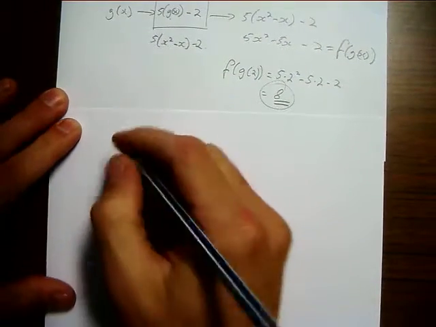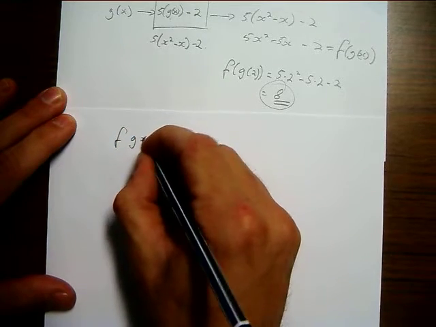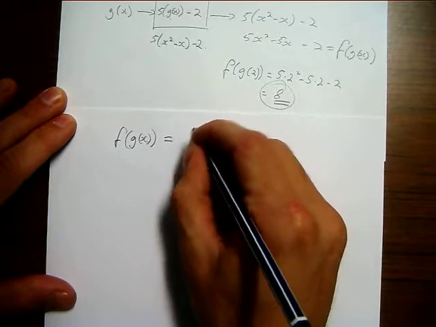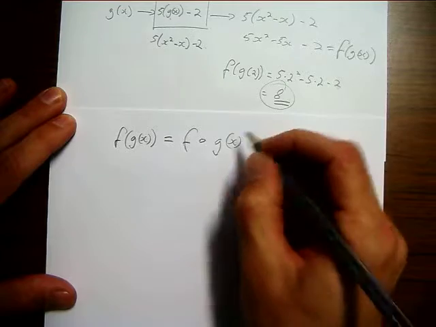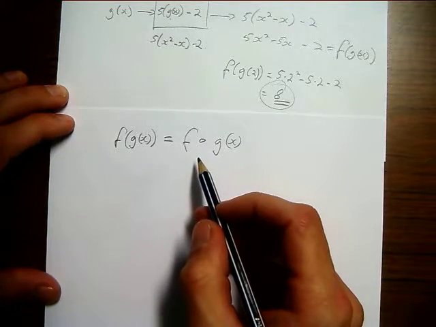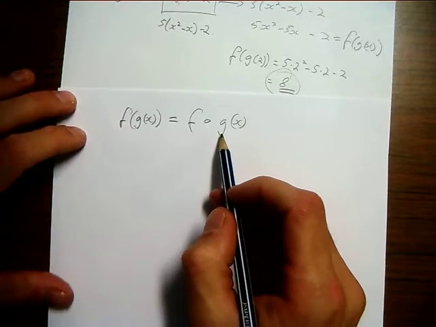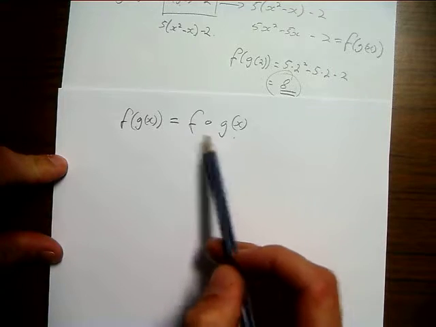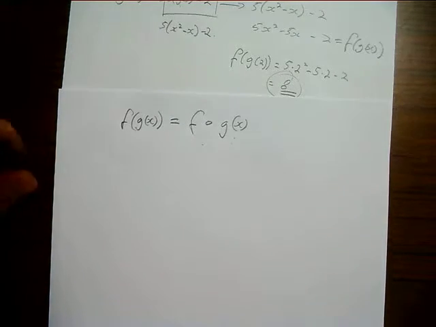If I have f of g of x, we call that f naught g of x. It's like a little circle there. This is the composite function of f and g, so fog x.